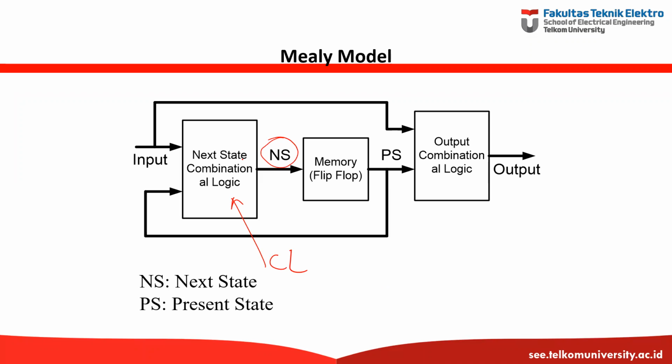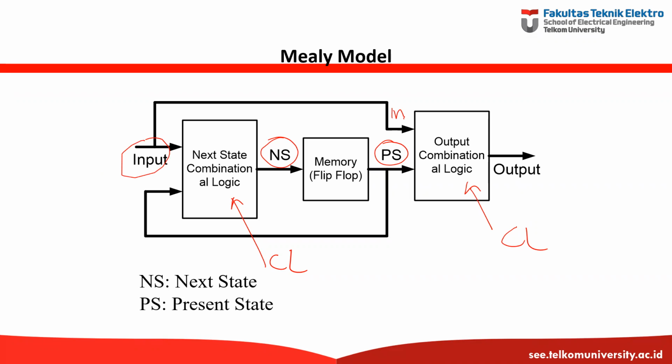So that's why it's called next state combinational logic. And then we also have the output combinational logic. It will calculate the value of the output based on the present state and also the input. So this is the input.